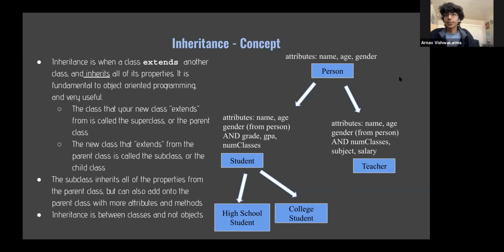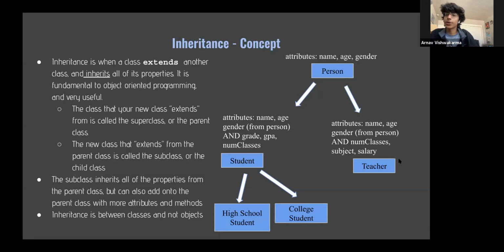Looking at the first subclass of person, we have student, which, in addition to the name, age, and gender attributes, has additional attributes such as grade, GPA, and number of classes, which are different from the attributes that the person has, but are in addition to those attributes that the person class had. We'll see that in the demo, but for now, that's just something to note.